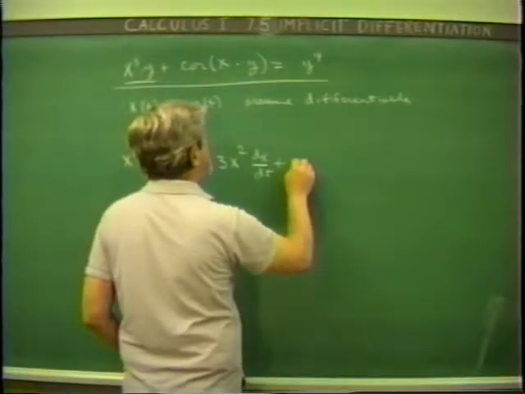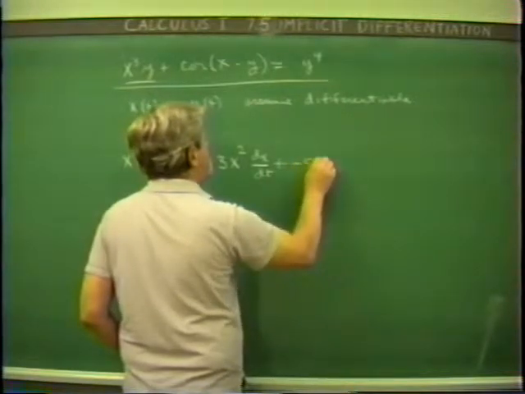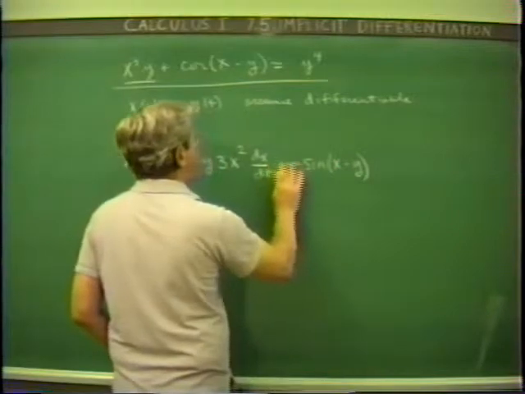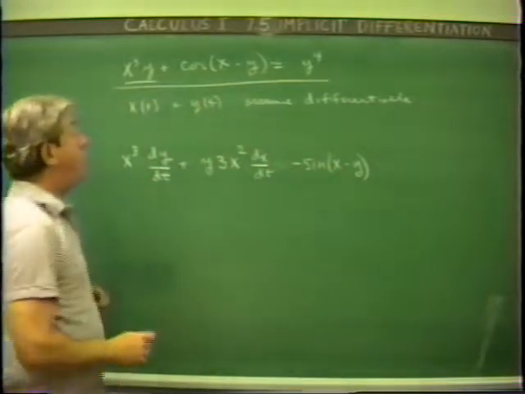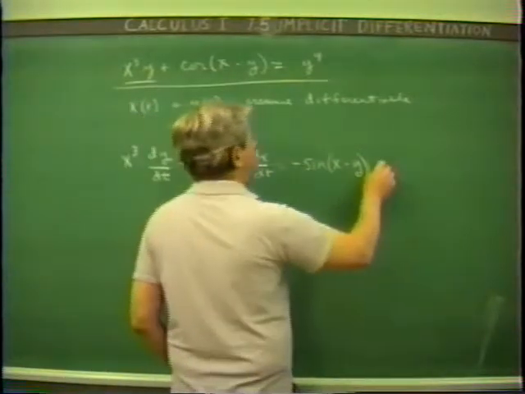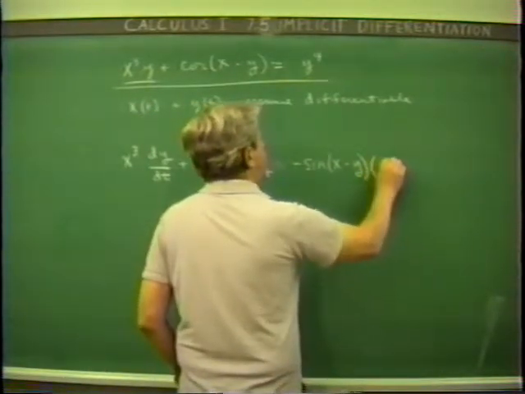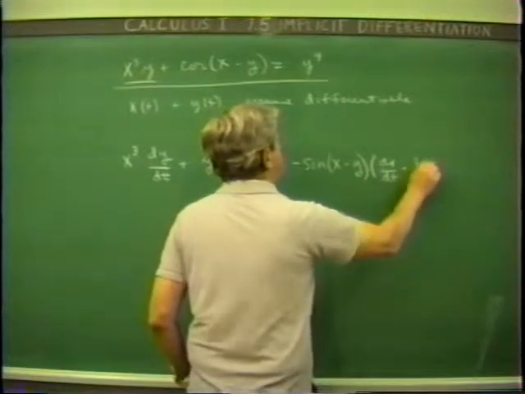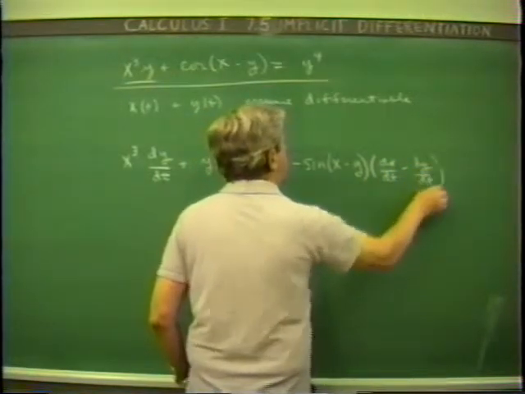Plus, now this is cosine of x minus y, so the derivative is going to be minus the sine of x minus y times the derivative of x minus y. The derivative of x minus y is dx/dt minus dy/dt.